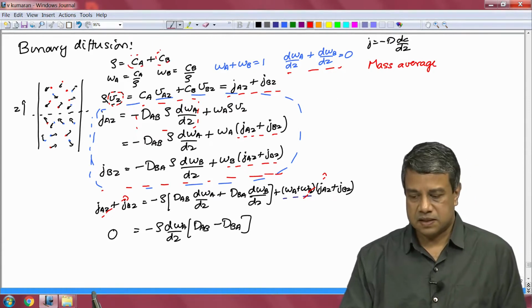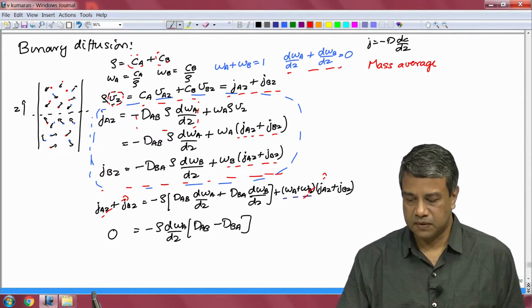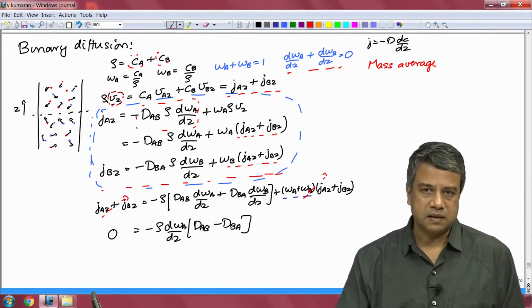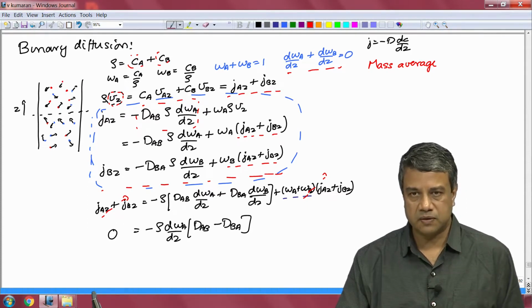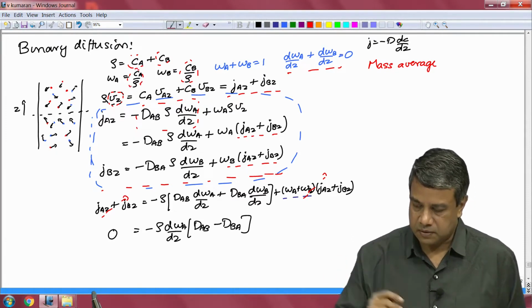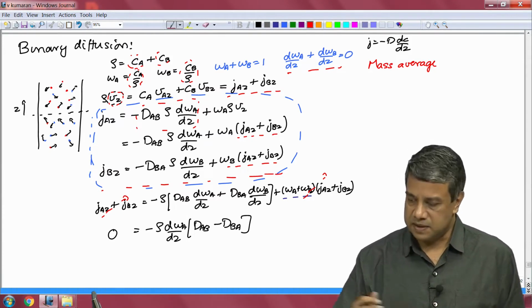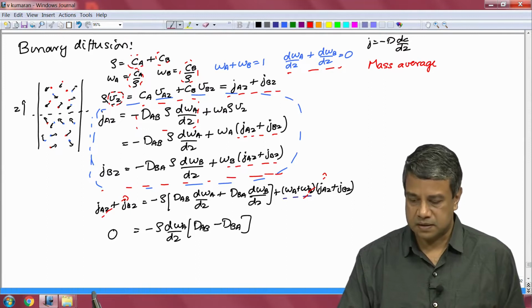The total mass density is the sum of the mass densities of both of these species. The mass fraction is the fraction of mass of A molecules in the mixture. So, you define the mass fraction as Ca by rho and Cb by rho, and the sum of the mass fractions has to be 1, which means that the sum of the derivatives has to be 0.